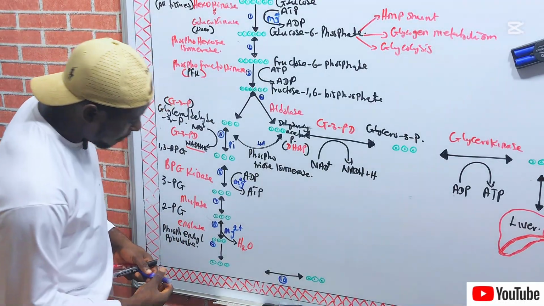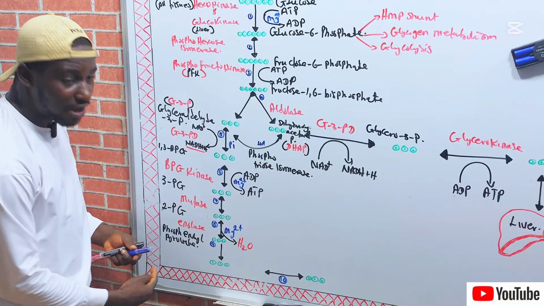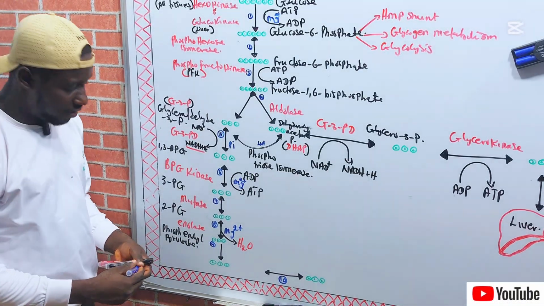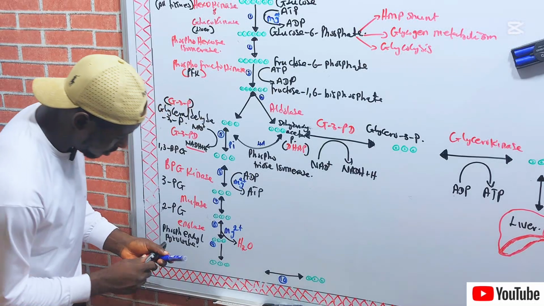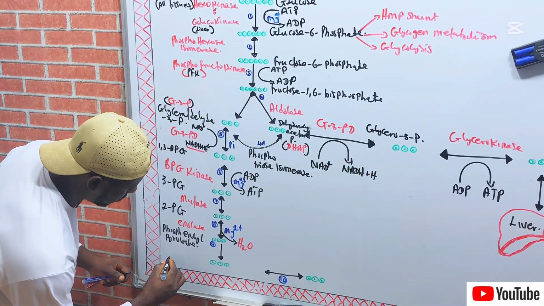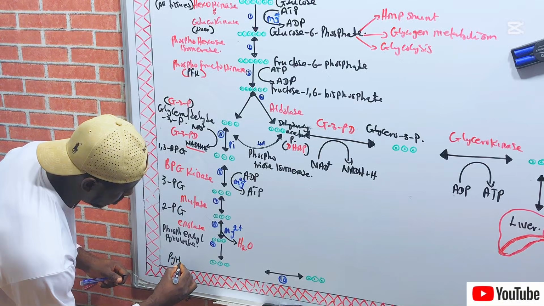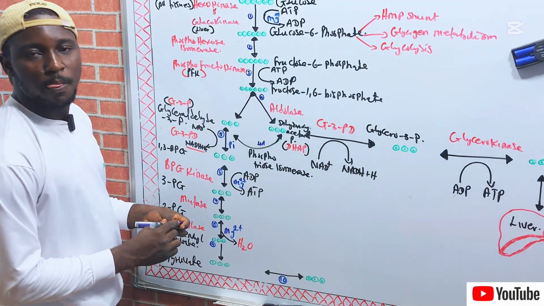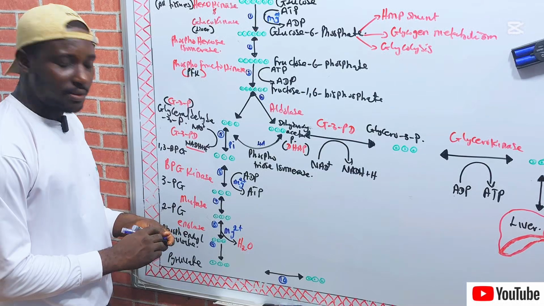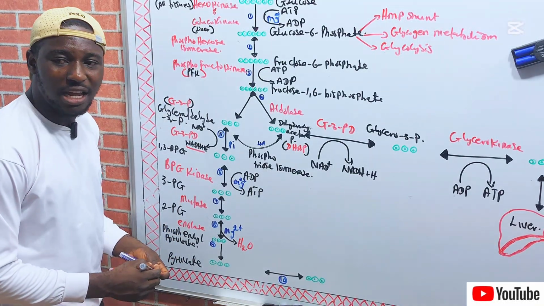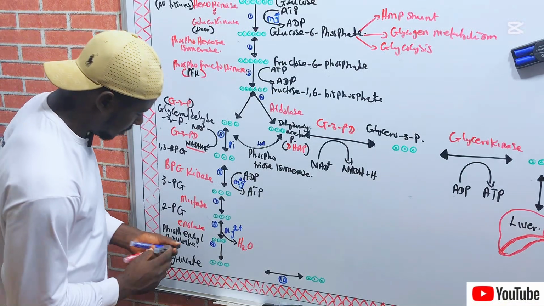So that is it. Now, phosphoenol pyruvate will be dephosphorylated to produce pyruvate, by an enzyme called pyruvate kinase.